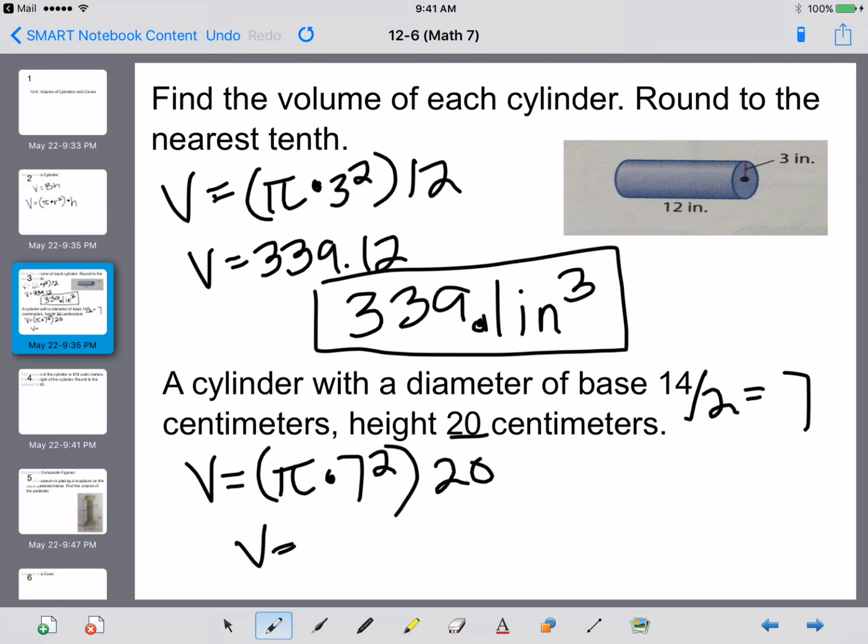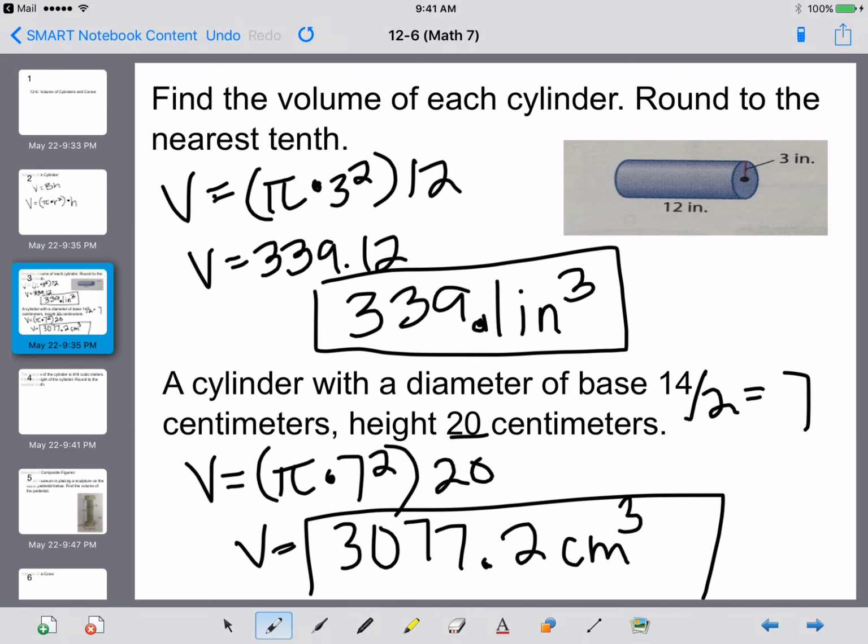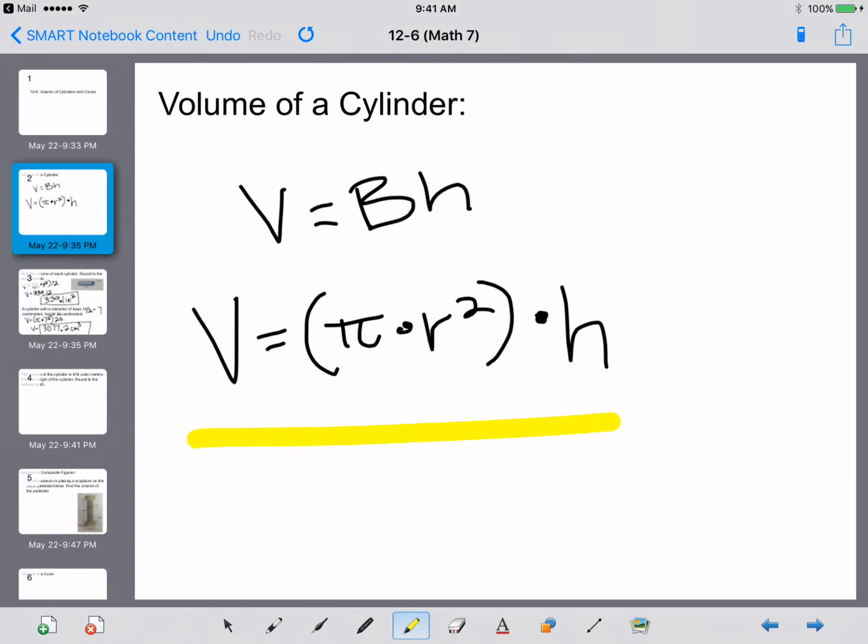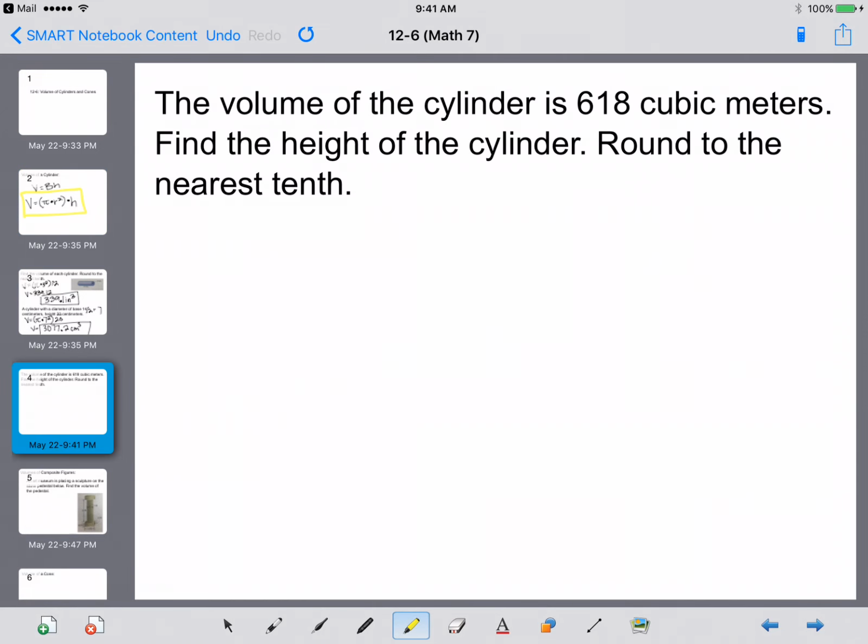So we'll have 3.14 times 7 squared, which is 49, times 20, to get us 3,077.2 centimeters, and you guessed it, cubed. So just always go back to this equation here. That's something that you don't want to forget. Your area of the base times the height is how you get your volume.